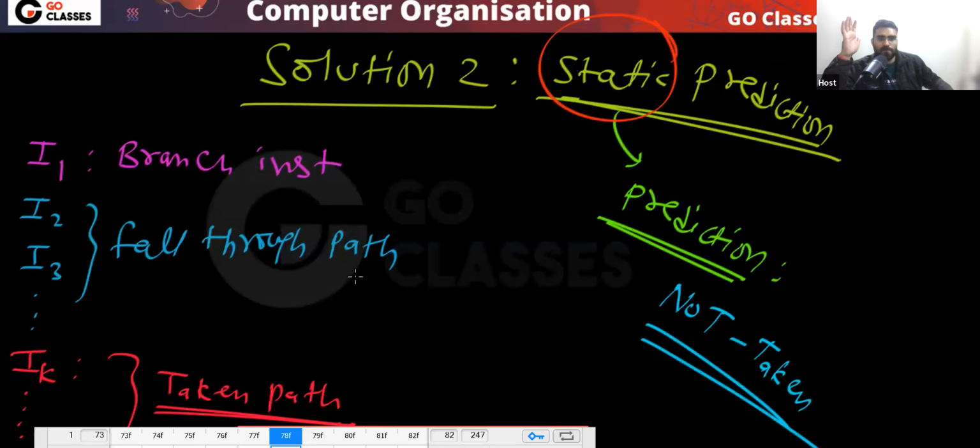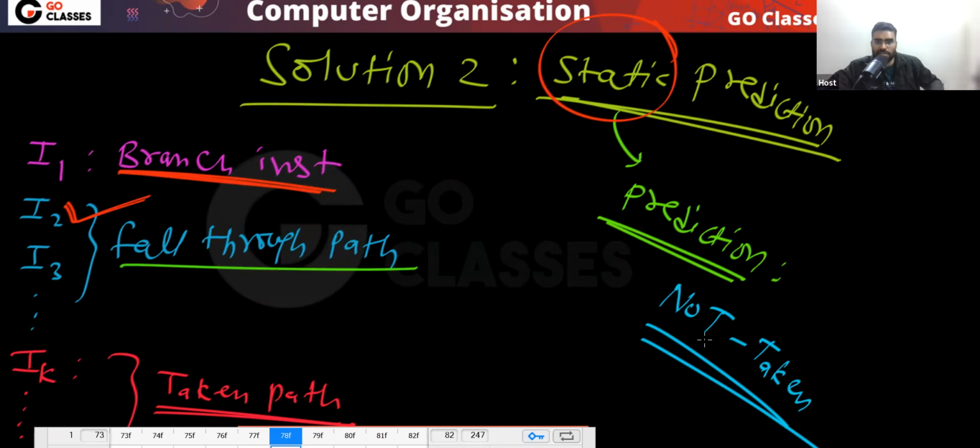Not taken means, what will you do? After this branch instruction, you will execute this instruction. Is this clear? If there is any problem, of course you will flush. But what you are doing basically, after every branch instruction, you are executing the next instructions in the fall through path.